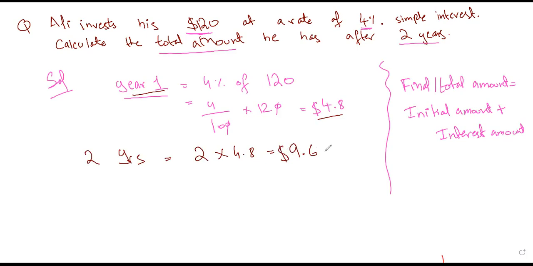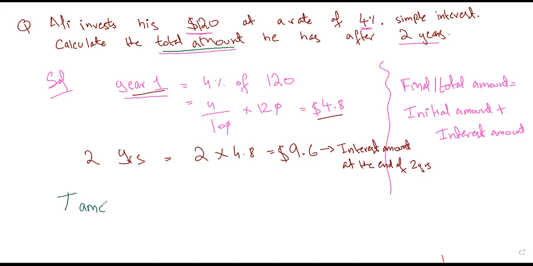Okay. Now this is basically the interest amount at the end of 2 years. In order to find the total amount which he is going to have in his bank, what do we do?